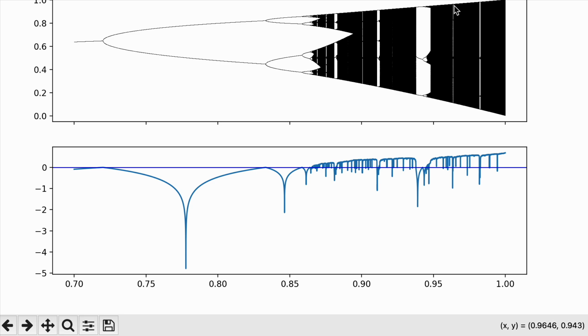So if I try to see these windows, you will see this is the 5 period window. 1 2 3 4 5.